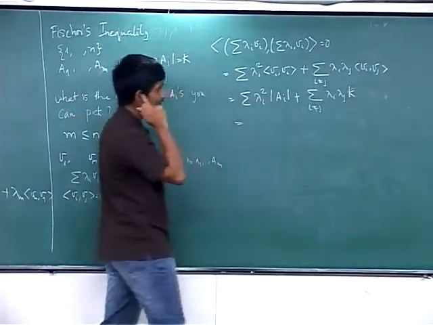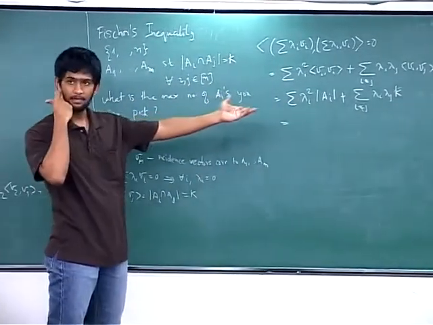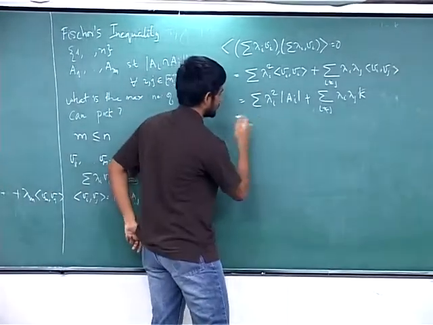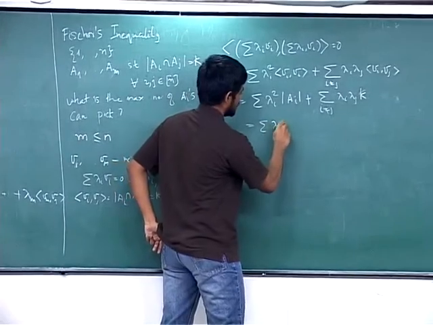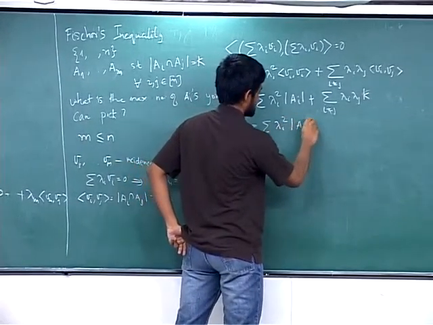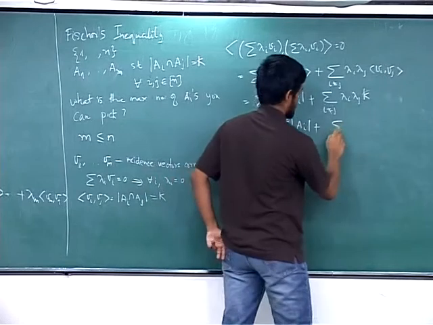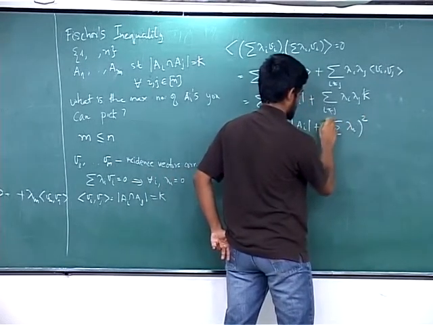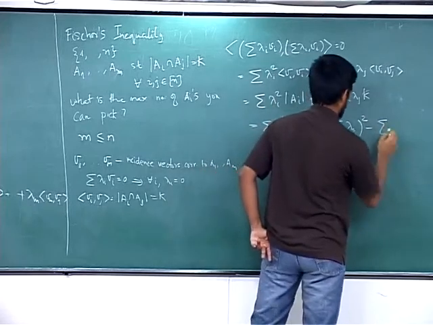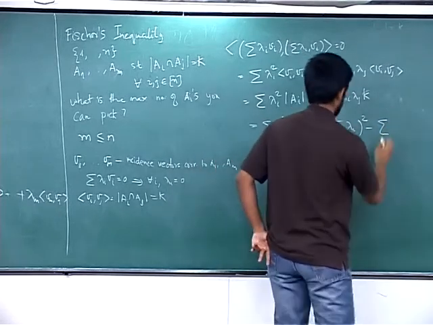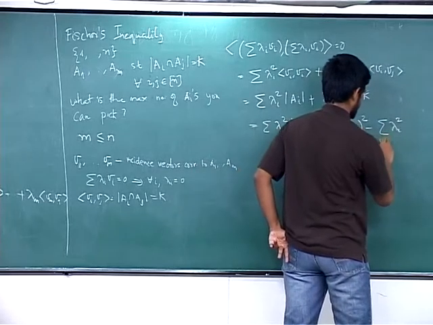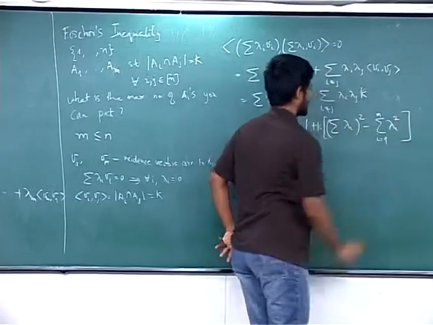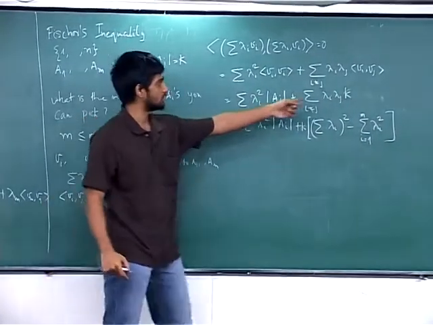So it's going to be nothing more than some manipulations on this sum to show that these lambdas are 0. This can be rewritten in this way. Right? What is this?